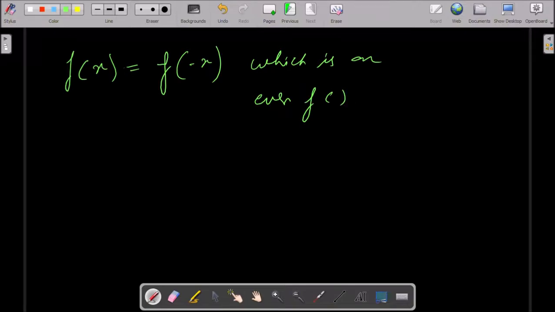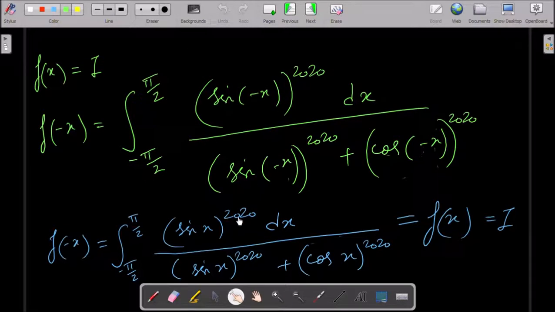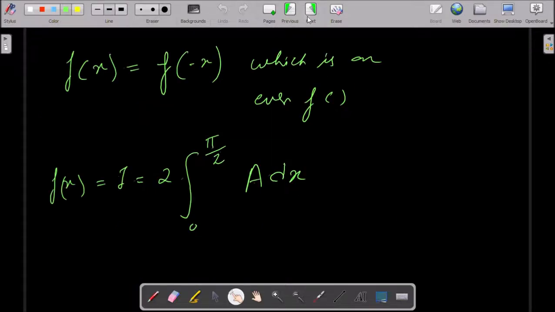Okay, so now let me write f of x will be equal to I, equal to 2 times the integral from 0 to pi by 2 of a dx. I am writing this as a because this part is too lengthy to write again and again.